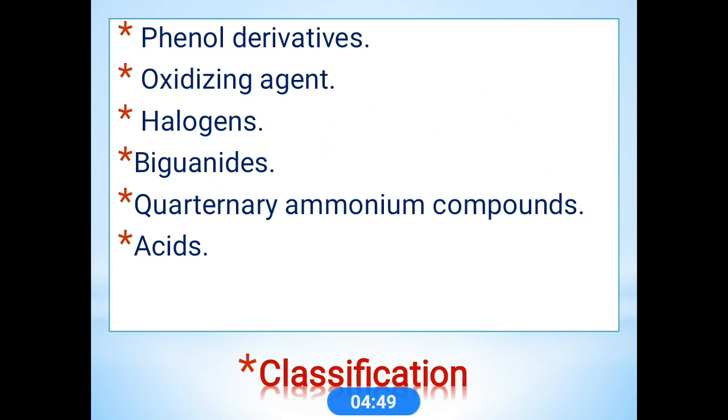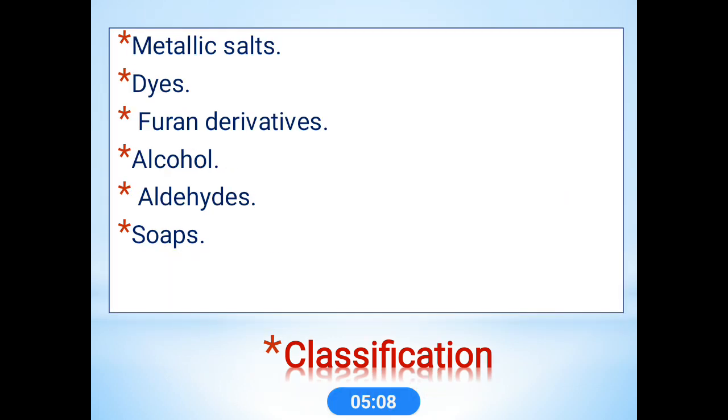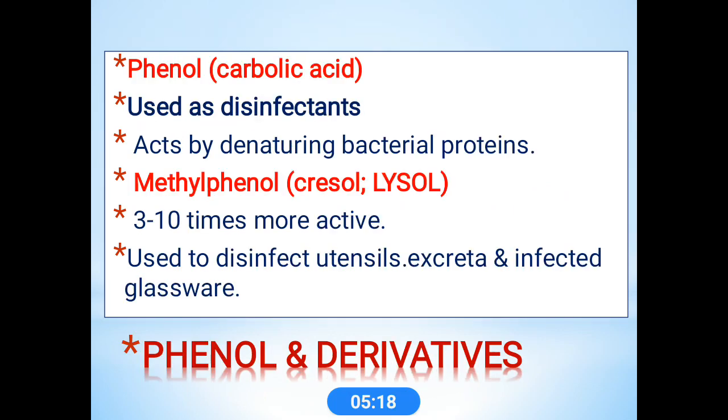Then oxidizing agents like potassium permanganate and hydrogen peroxide, and halogens like chlorine and iodine. Biguanides such as chlorhexidine, quaternary ammonium compounds, acids, metallic salts, dyes, furan derivatives, alcohols like ethanol and isopropanol, aldehydes, and soaps. These are some important antiseptics.